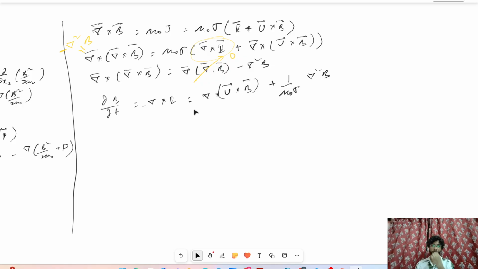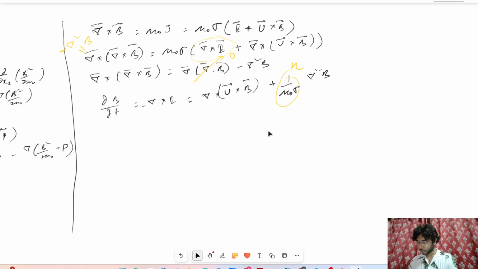Okay, so this is 1 by sigma. If you remember, this is the resistivity. So this is also written as del B del T equals del cross U cross B plus eta del square B, right?